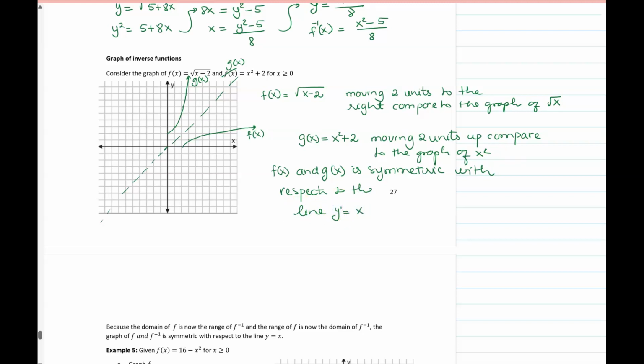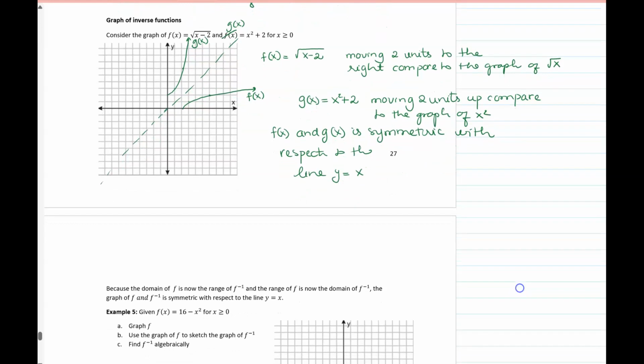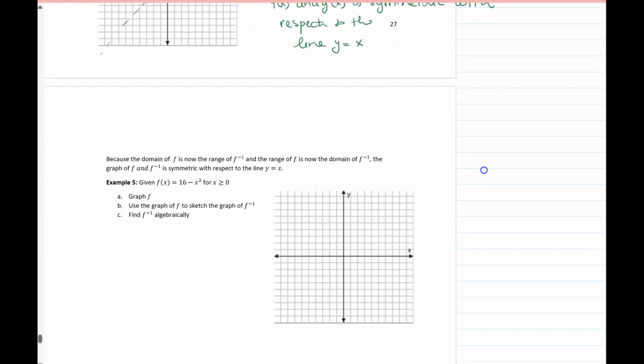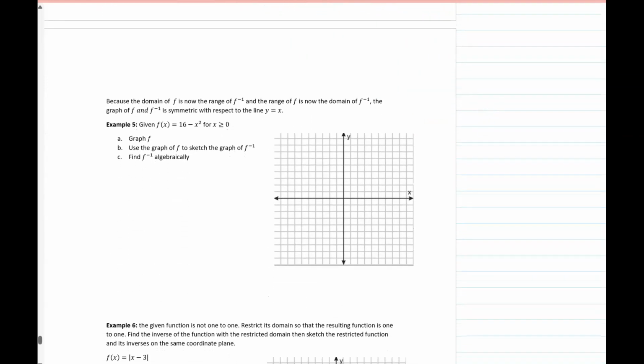Now it makes sense because the domain of f is now the range of f inverse and the range of f is now the domain of f inverse. So the graph of f and f inverse is symmetric with respect to the line y equals x. Right? So let's take a look at the next problem.